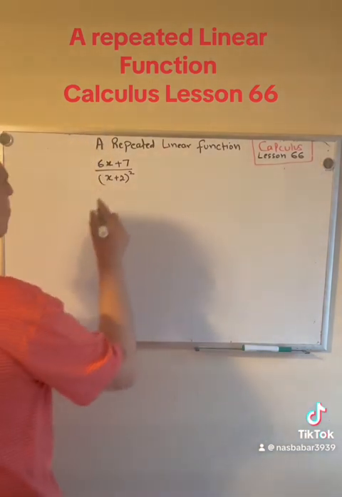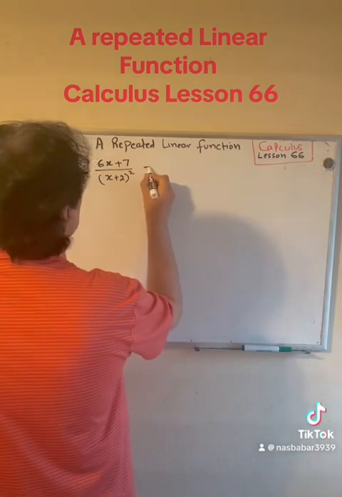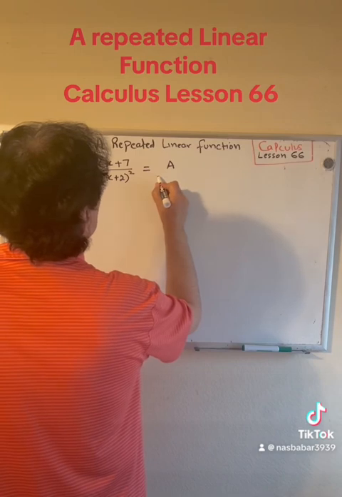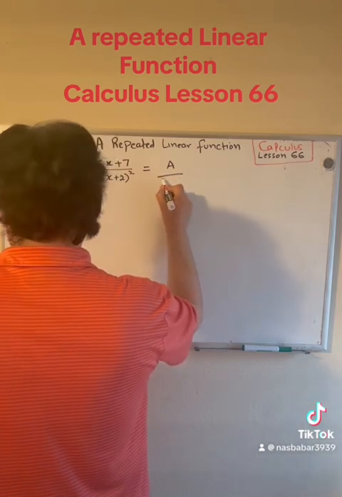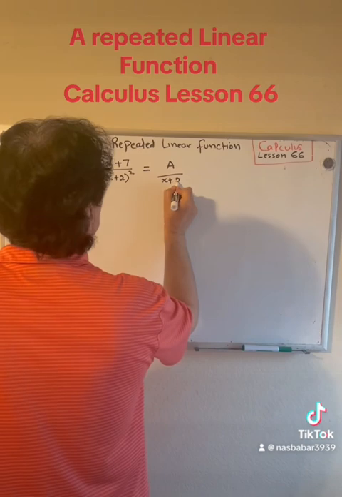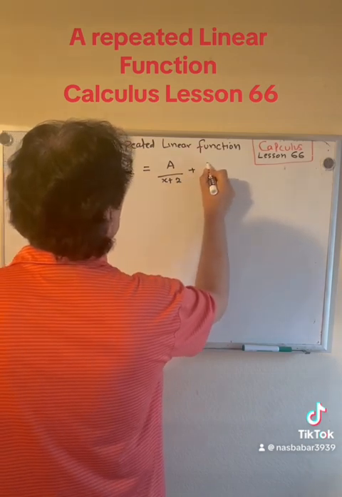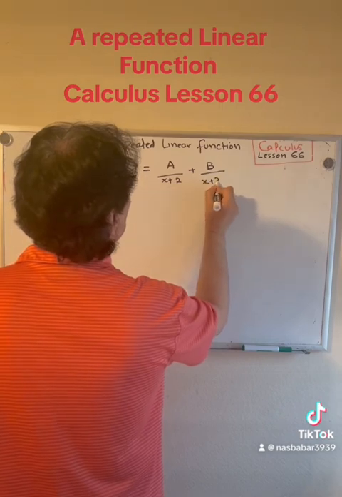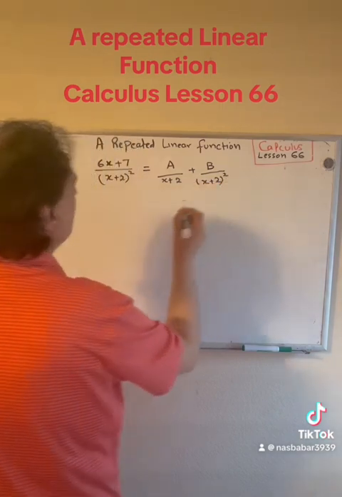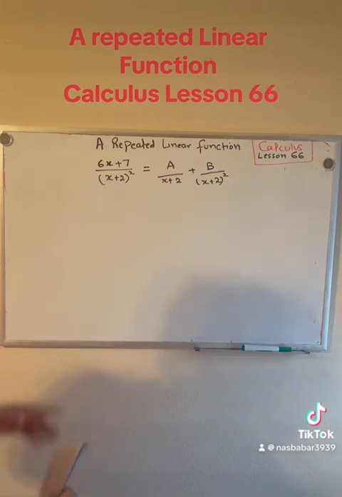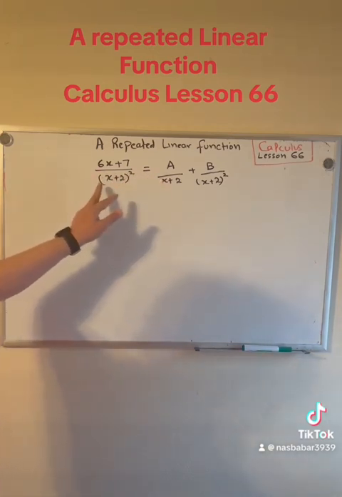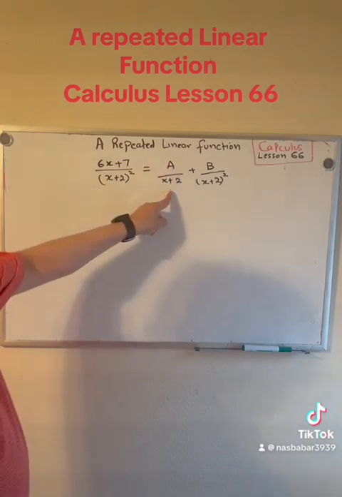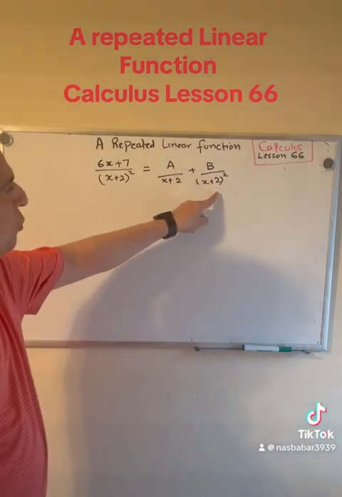So what I can do is say something like this: a over x plus 2 plus b over (x plus 2) square. That is what a repeated linear function is. You've got (x plus 2) square, so I have a over x plus 2, b over (x plus 2) square.